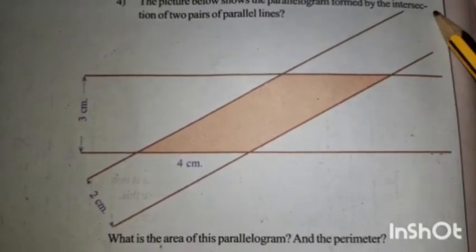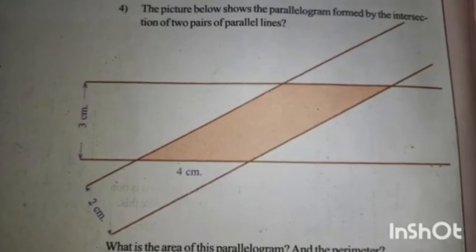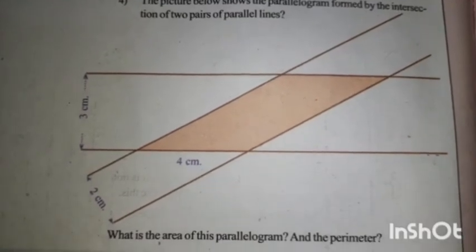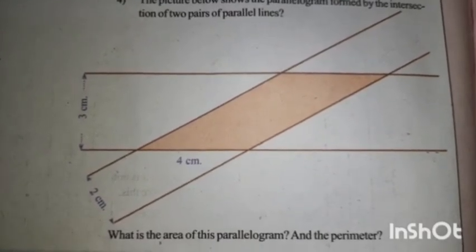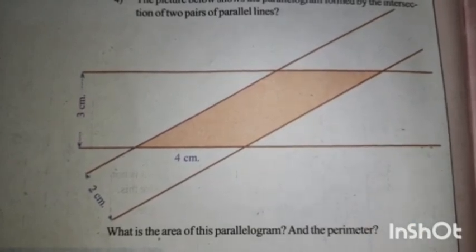The picture below shows the parallelogram formed by the intersection of two pairs of parallel lines. What is the area of this parallelogram? And find the perimeter.